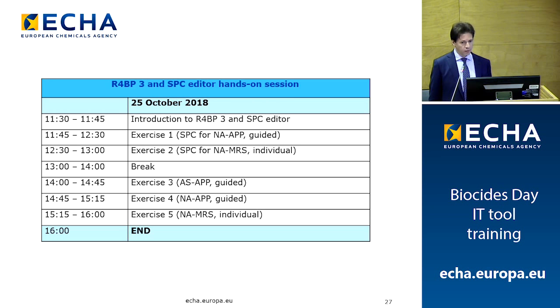We say half an hour, but if you are a bit more confident with that, it could take less. Then we have a break for lunch, and then we will have 3 exercises this afternoon: the application for an active substance approval in situ, then the application for national authorization, and then the mutual recognition in sequence.